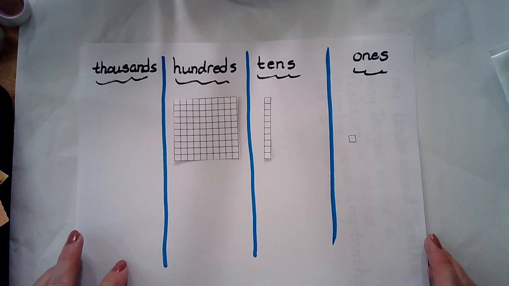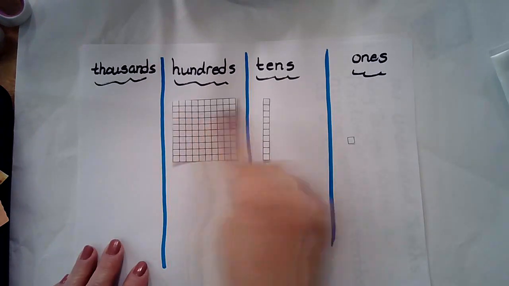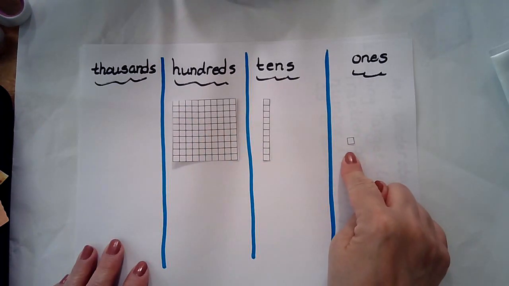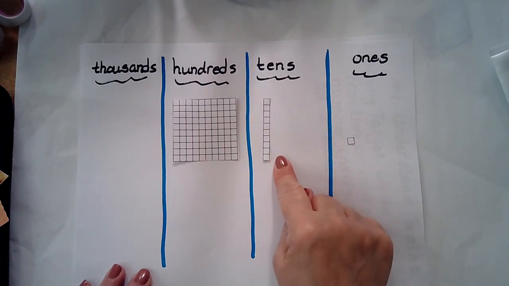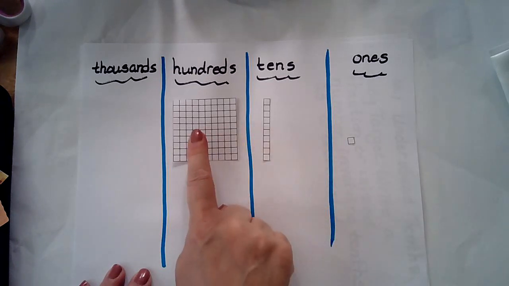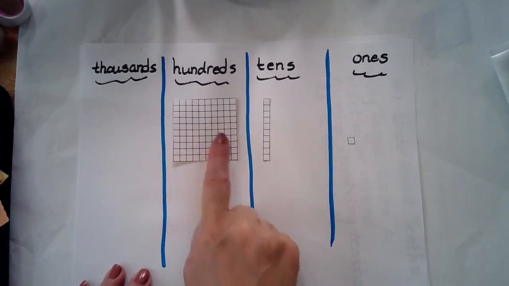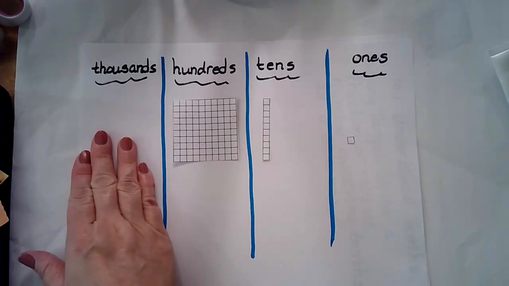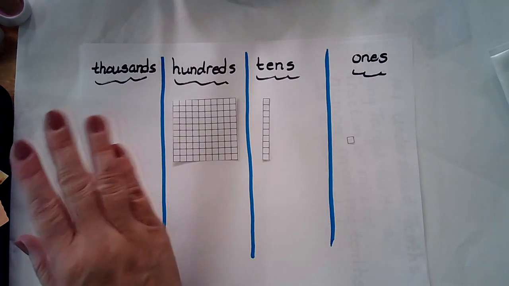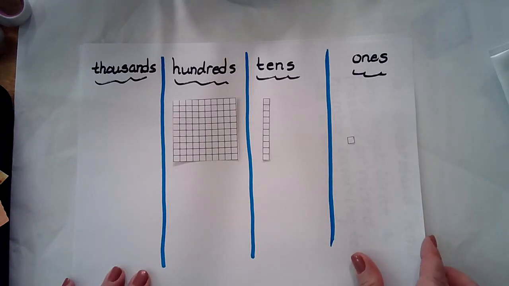I'm not sure, but at least 1st grade. So we have ones here, represented by this one little square. The tens is represented by the 10 stick, as we call it, and the hundreds place is represented by a hundreds flat. I don't have a cutout of thousands, but that's okay. You can use your imagination.